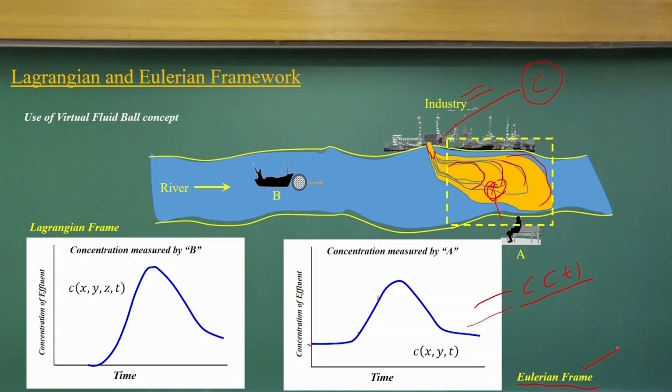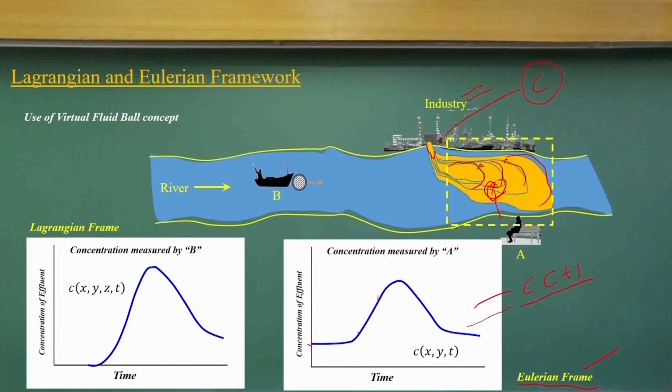That means your position is fixed, and you get the velocity field, pressure field and concentration field at that point location. If that person measures the concentration at different points, then you can develop a concentration variability map in x, y and time, the space as well as the time.